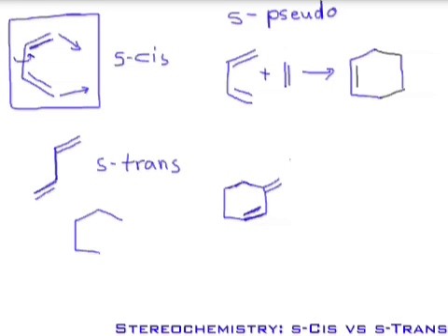I want you to focus on this part, the green part. Notice how that is similar to the pseudo-trans. And because that green part is tied together by this ring, in a six-membered ring, it is locked into the pseudo-trans. There's no way, you'd have to break the ring to get this green to go cis.